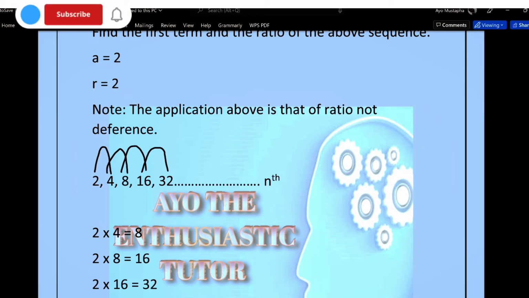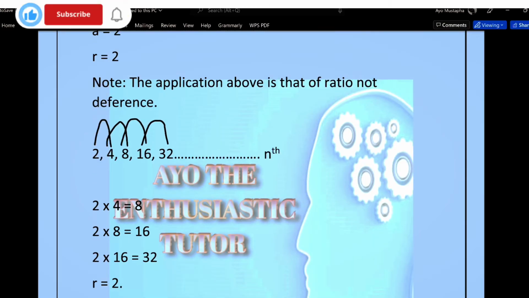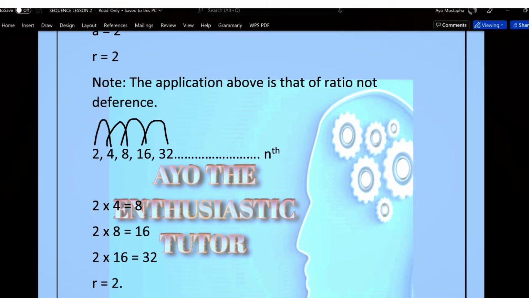How do we get our ratio? Now we say we bring 4 here, we bring 4 down, then we bring 8 down, and we have 16, and we stop at 16. So how do we get the ratio? Now we'll do our first term multiplied by 2. I beg your pardon.